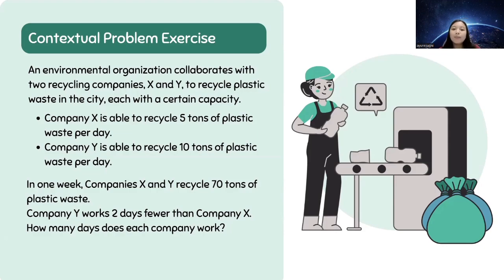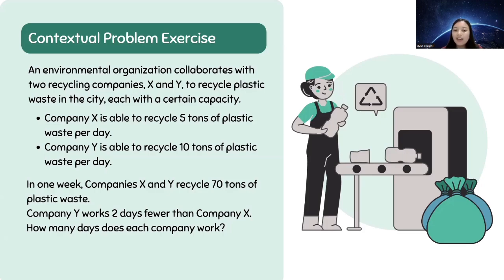Okay, students, before solving the problem, we need to understand the information first. Let's identify the important information together. The first important information is company X recycles 5 tons per day. The second information is company Y recycles 10 tons per day.